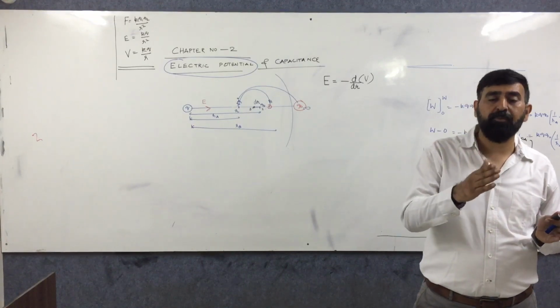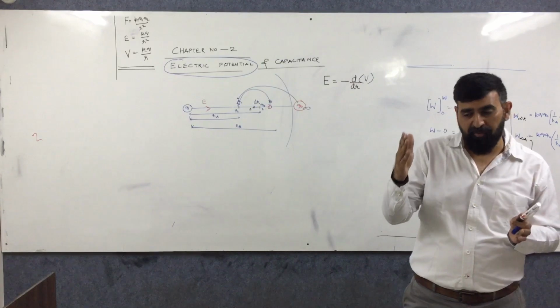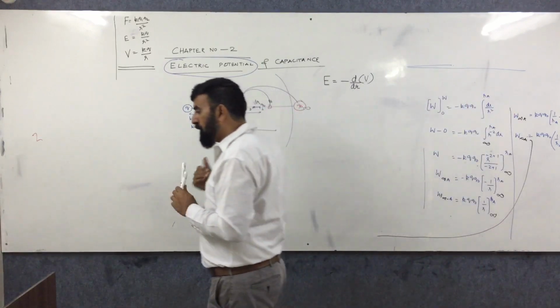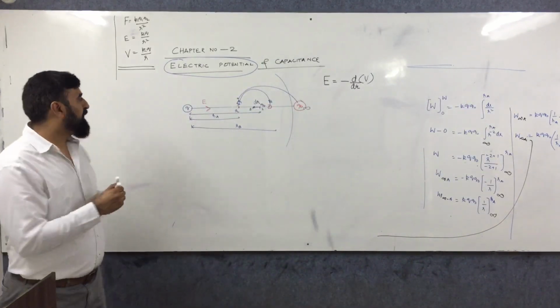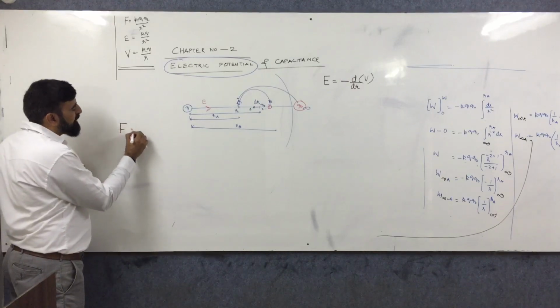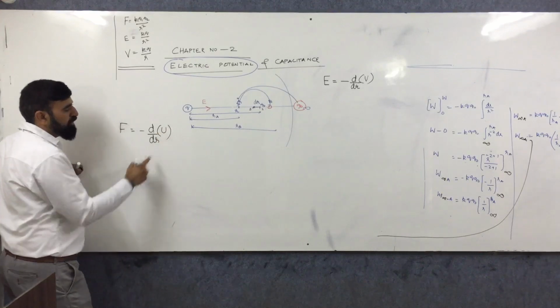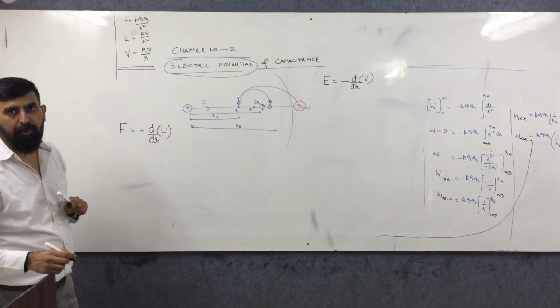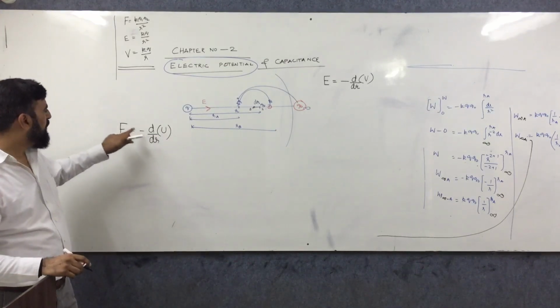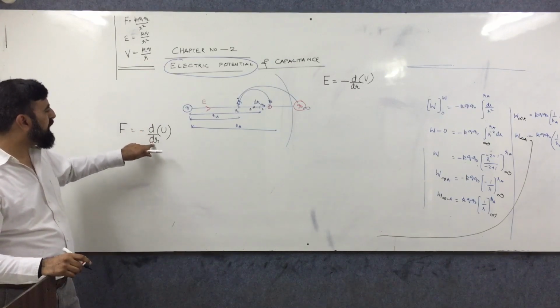It only depends upon the initial position and the final position. Another property which I made you write is that F is equal to minus d by dr of U, potential energy. I hope you remember. You can go through the notes again. Force is minus d by dr of U.